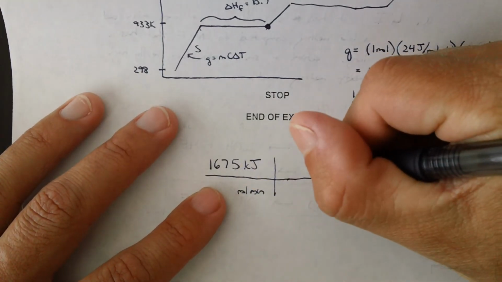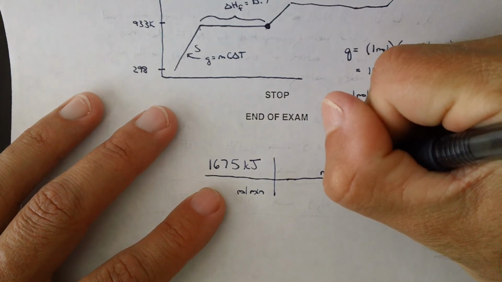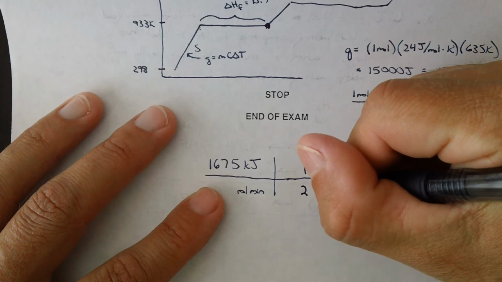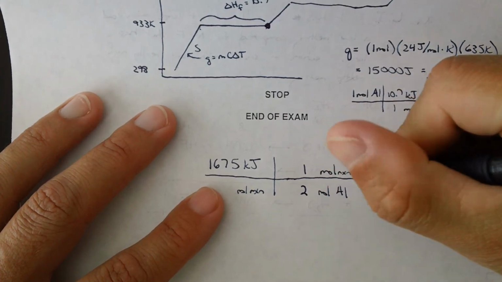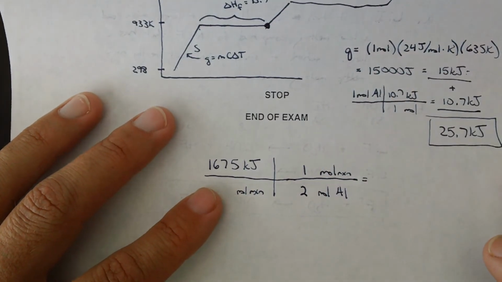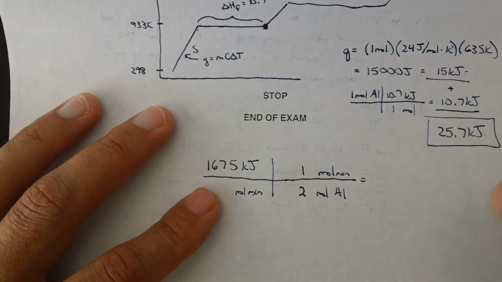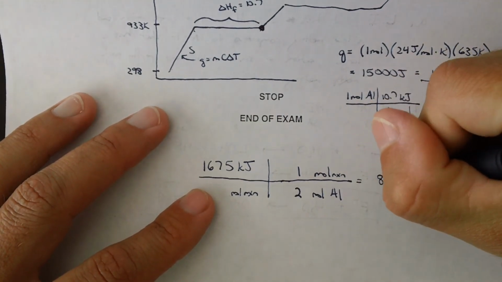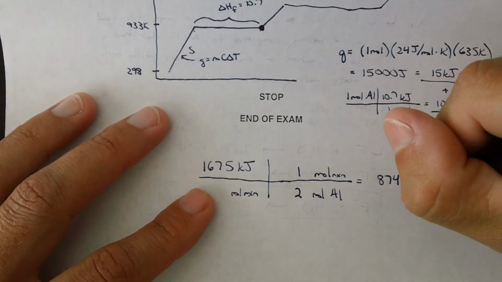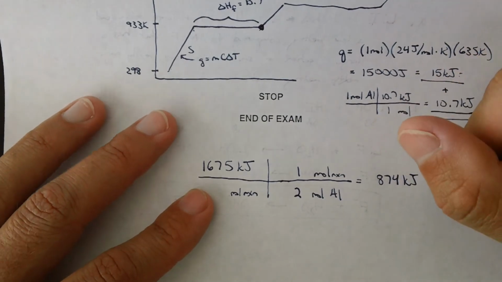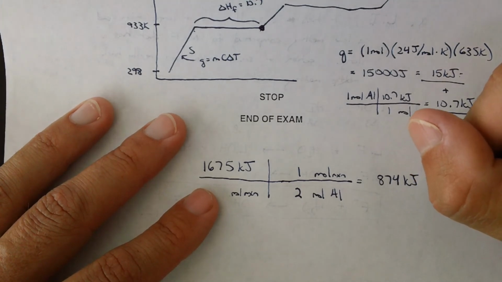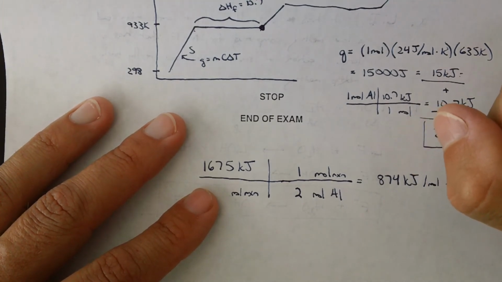So the moles of the reaction would go up top. We have 1 mole of reaction per 2 moles of aluminum. That's my calculation. And so when I do that, that gives me 874-ish kilojoules per mole of aluminum produced.